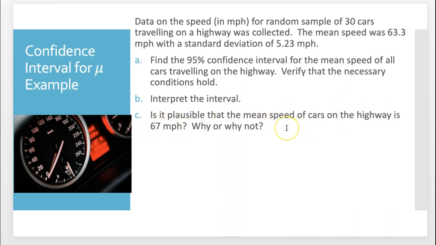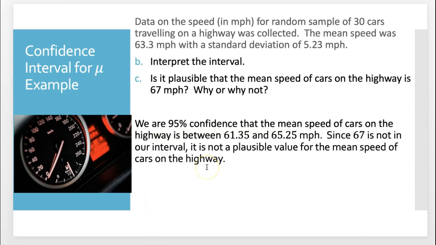Why or why not? All right, so remember our interval. We're 95% confident that our interval contains the true average speed of all cars, right? So anything in our interval is plausible, anything outside we don't believe, right? After we construct our interval, we're just going to check to see whether this number is in there or not.